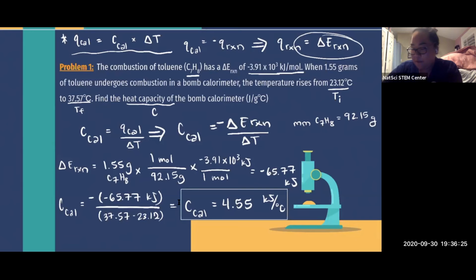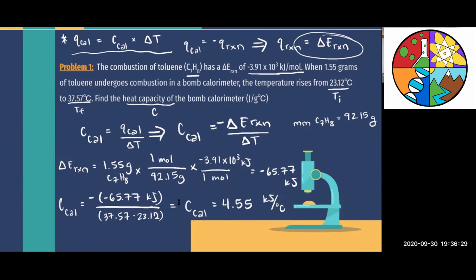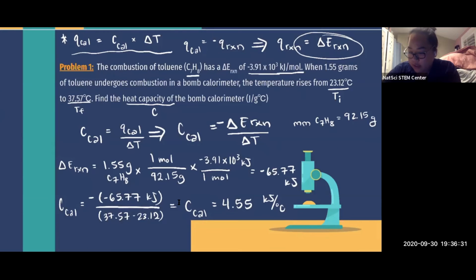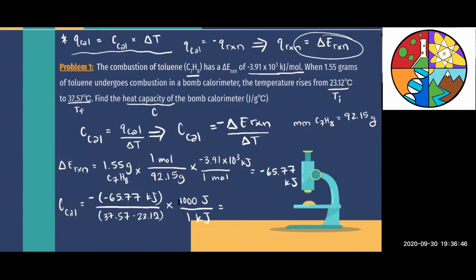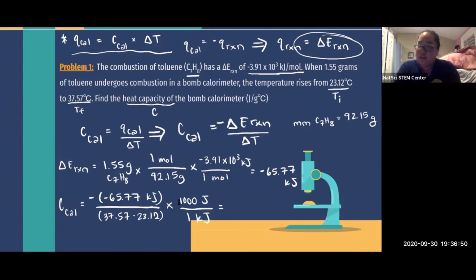I think I forgot to change it. Okay, if it's given to you in kilojoules right here, sorry, my bad, I'm going to change this. We're just going to multiply across, 1 kilojoule to 1,000 joules, and that should give you your dimensional analysis for the conversion.